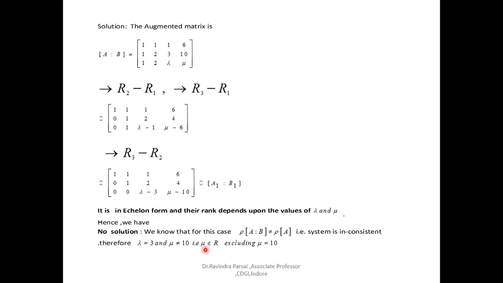So excluding mu equal to 10, you can give any other real values. For lambda equal to 3 and all other real values of mu, this system has no solution.